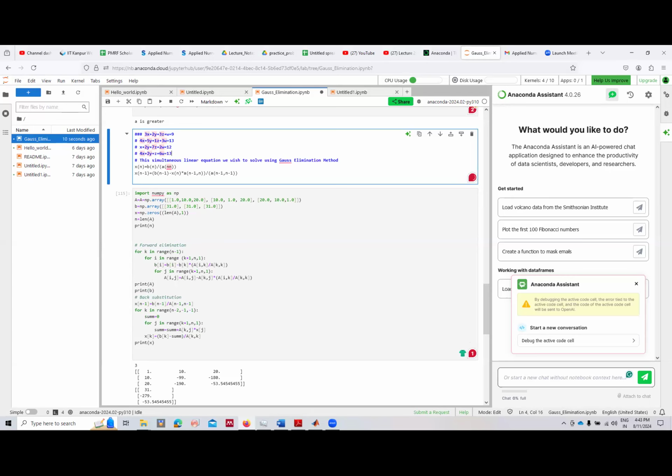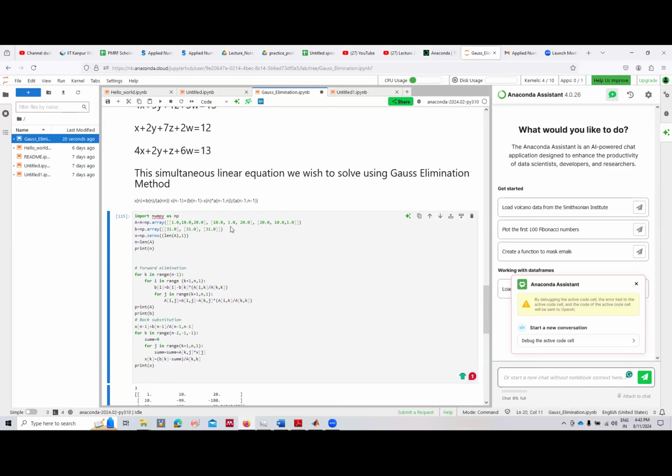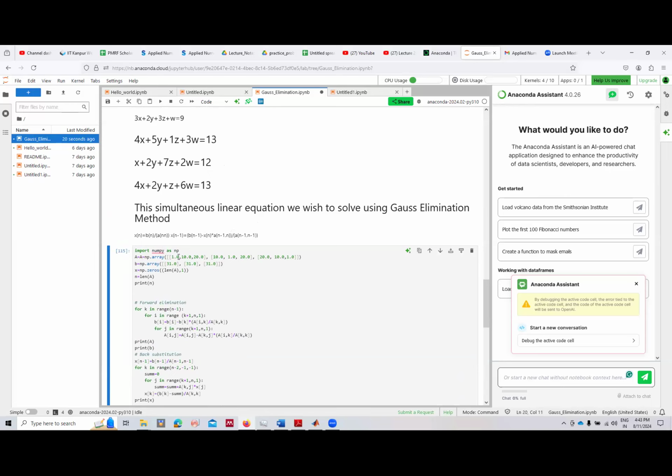So I wish to solve this system of equations. How can I solve it? Simply, I need to write the coefficient matrix and the B matrix.